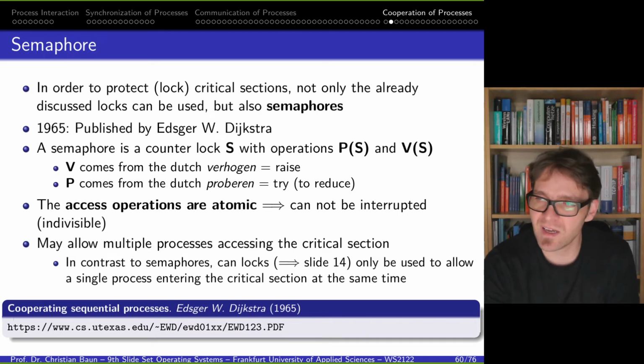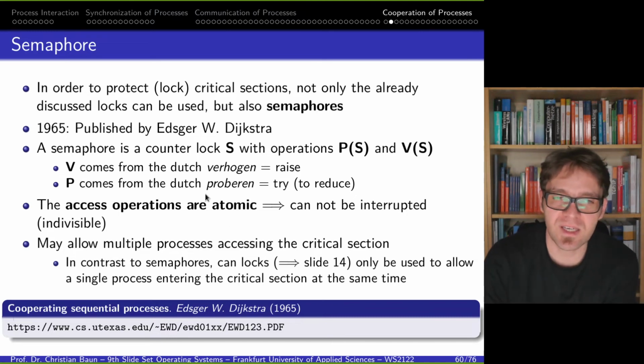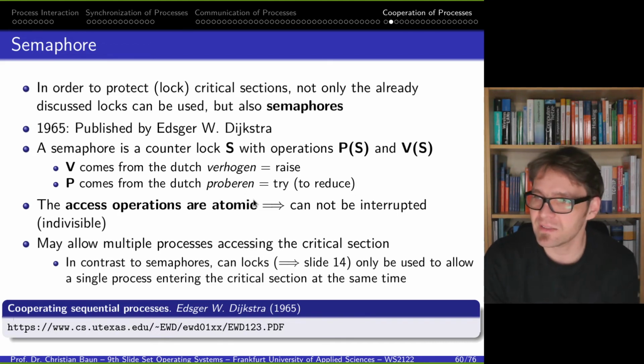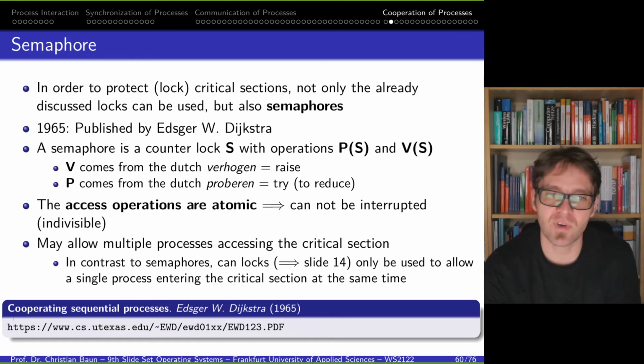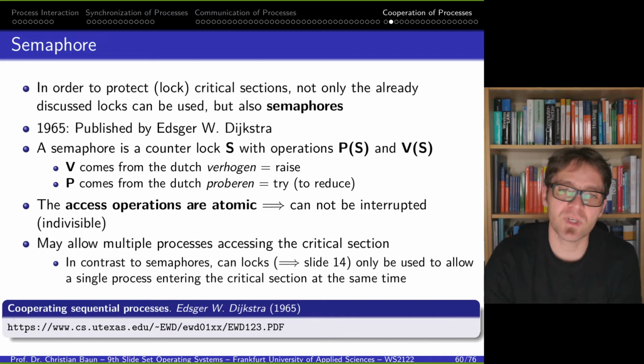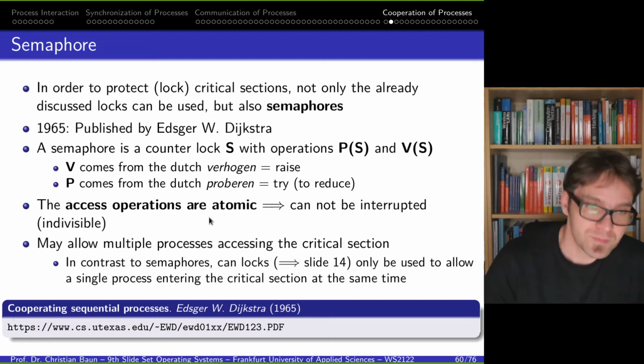Mr. Dijkstra was from the Netherlands, and so the P operation comes from the Dutch word which says we try. We try to reduce the value of this counter lock variable, and the V operation name comes from a Dutch word which says we want to increment this counter lock value.